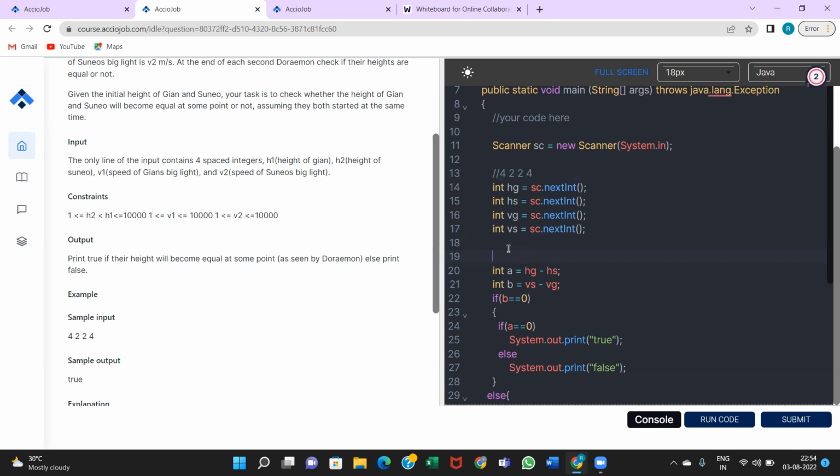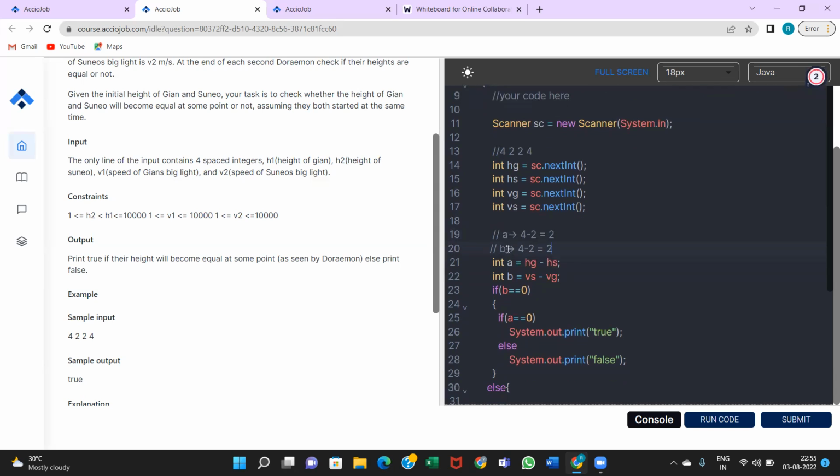In the code, we are calculating the difference between the height of Sonio and Jian. So the value of A is nothing but 4 minus 2, which is 4, and the value of B is nothing but 4 minus 2 only, which is 2. Sorry, it's 2.